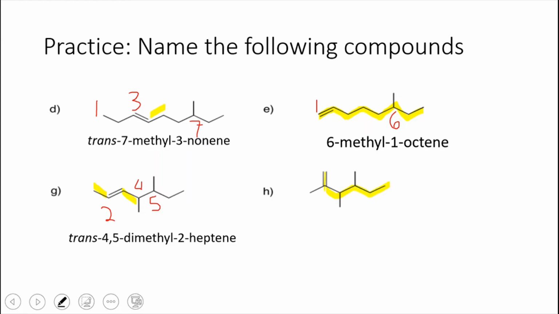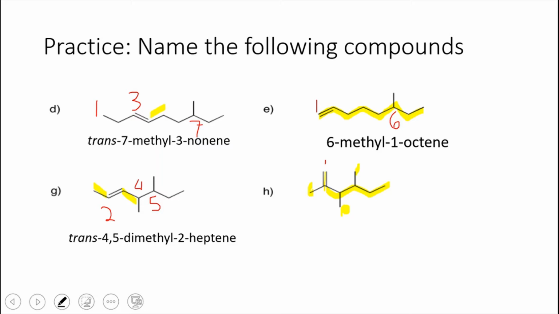Notice that that chain would give us a parent hexene, and in this case, the double bond will take position number 1 up there. That means that these other 3 substituents are going to be considered as methyl substituents. And we are going to have to count all 3 of them at positions 2, 3, and 4 on the chain.